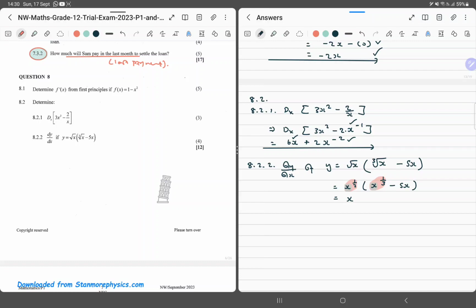So a half plus a third, what is that? Let me just use my calculator now. I don't want to think, okay? So 1 over 2 plus 1 over 3 is 5 over 6.